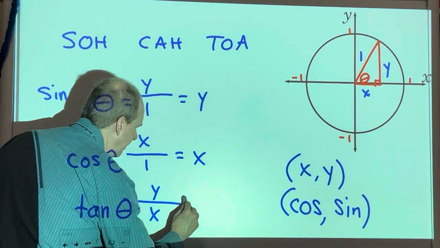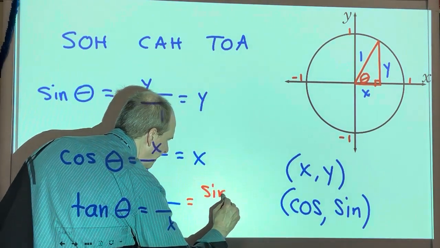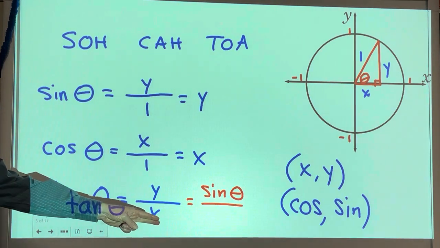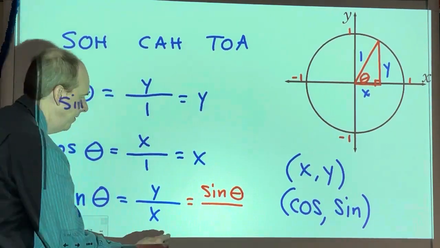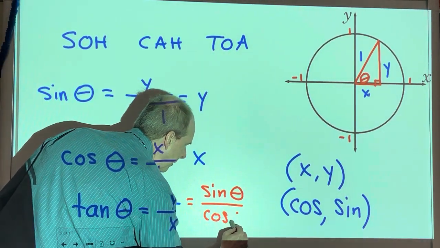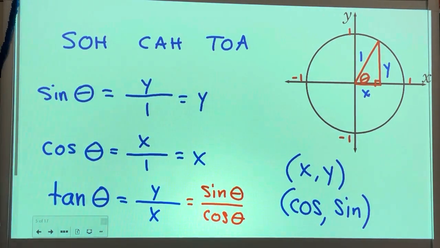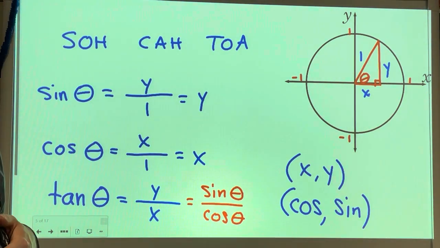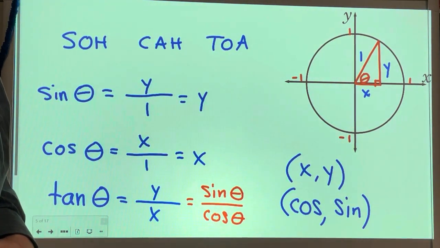So you could say that tangent of theta is equal to the sine of theta divided by x. X is cosine of theta. This is the trig identity. We use it a lot. To find our value for tangent, we often find the answer for sine. We divide it by the answer for cosine. The good news is it's often a fraction or has a radical in it to figure these out, so they get to be fun.